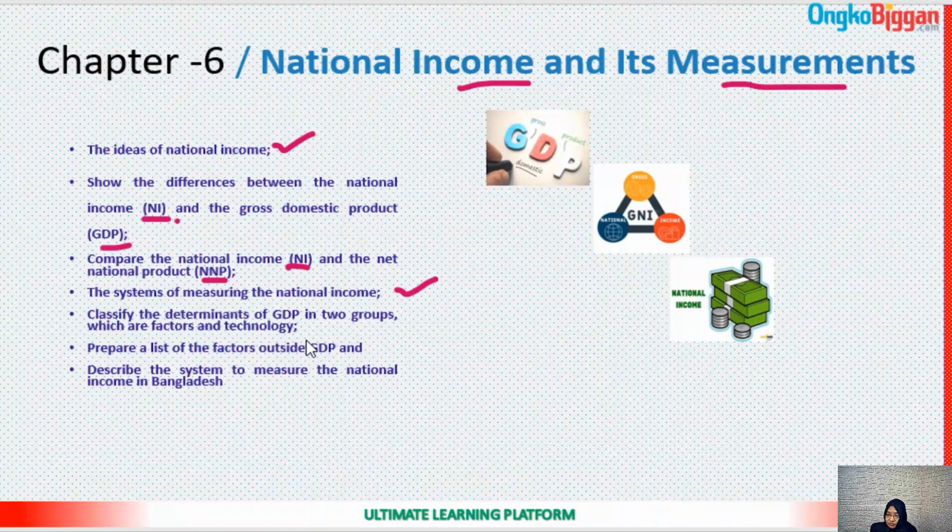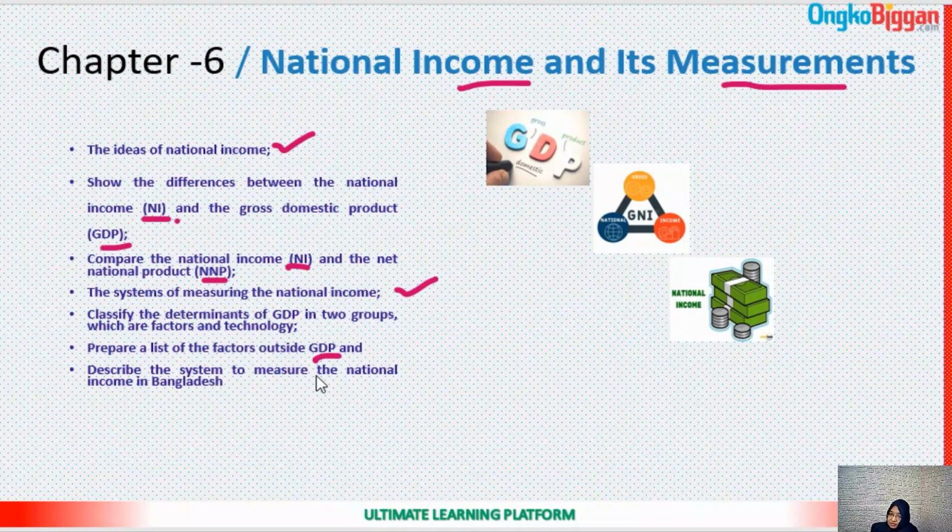Classify the determinants of GDP in two groups, which are factors and technology. GDP is determined by factors and technology both, and we have to make a classification of these two groups. Okay, and we will learn to prepare the list of the factors outside GDP, and the factors which are included in GDP.